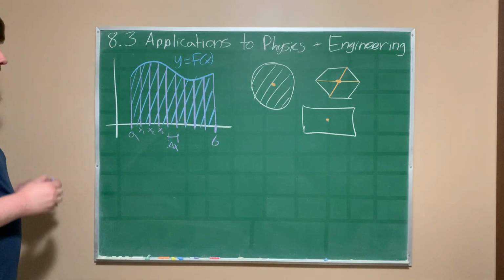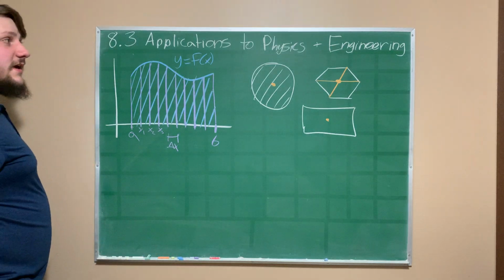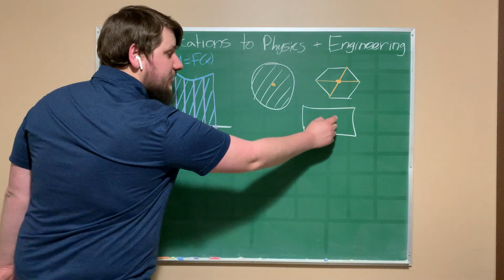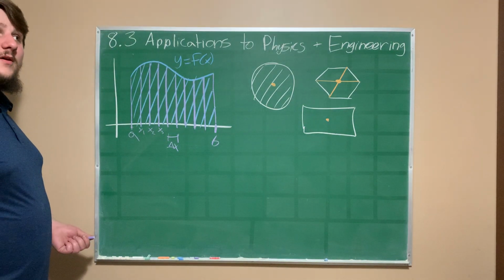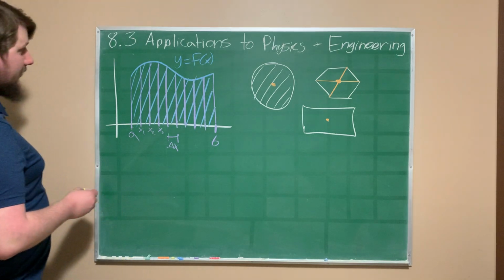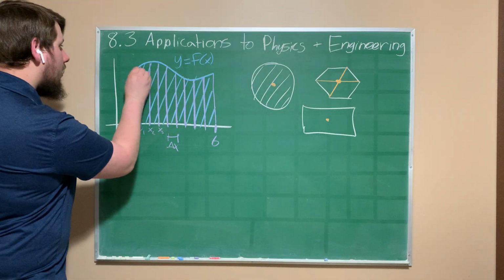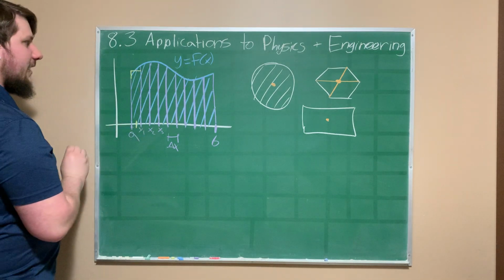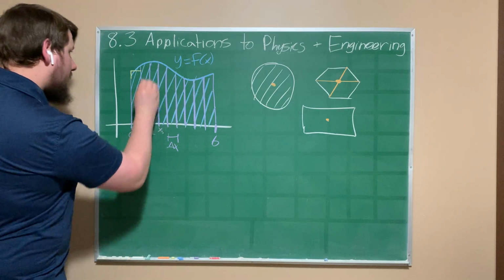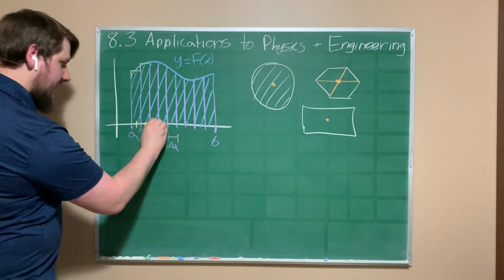Okay, so how are we going to decide which rectangle to use? Well, the nice thing about centroids here is that they are based around what's essentially the midpoint. So I'm going to use the midpoint rule to set the height of each of these rectangles. Take the middle of each of these subintervals, and that's going to define your rectangle. Take the middle, that one defines your rectangle.